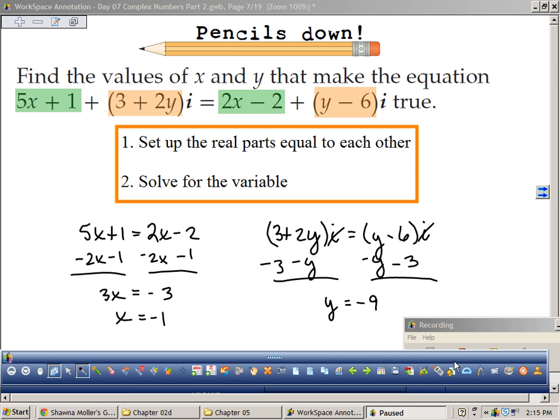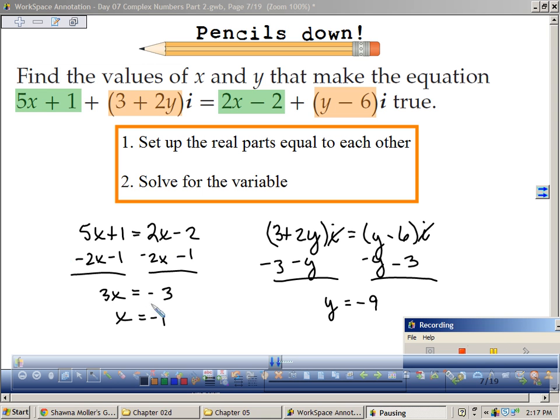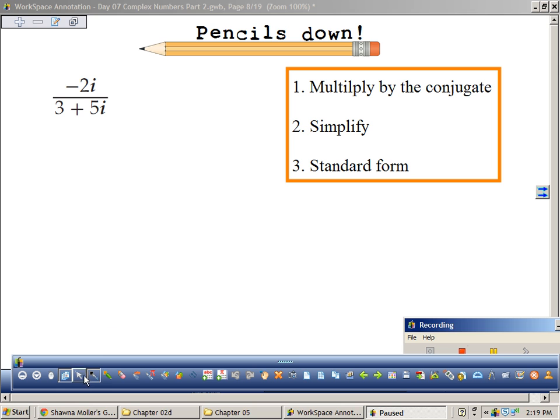Those are my two solutions. Write that down. If I were to substitute negative 1 and negative 9 back into both of these equations, both sides would be equal. That's what that means.